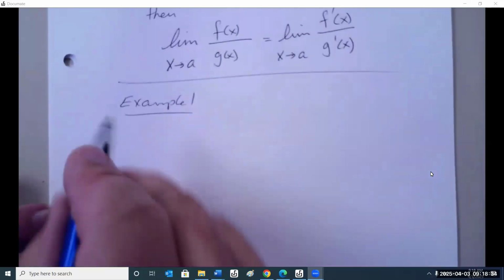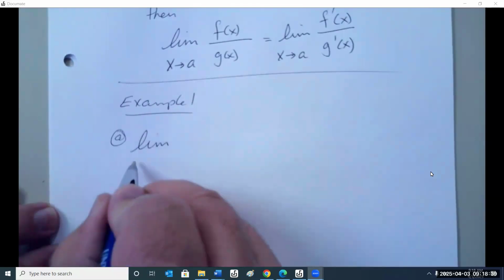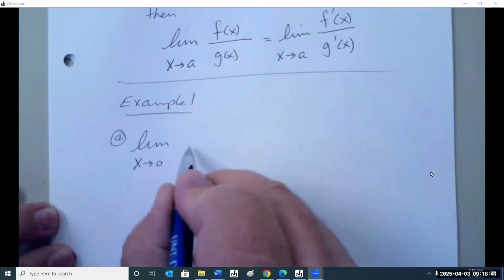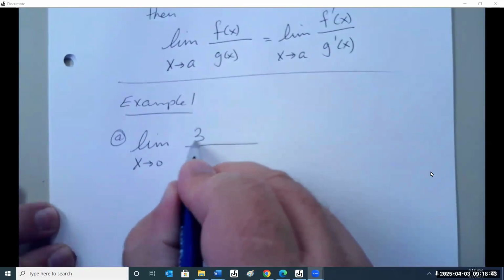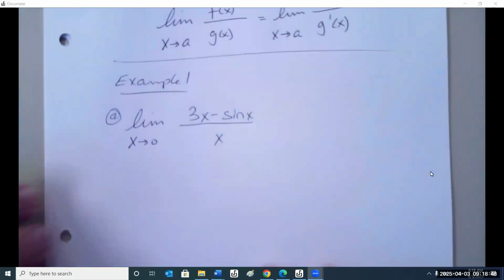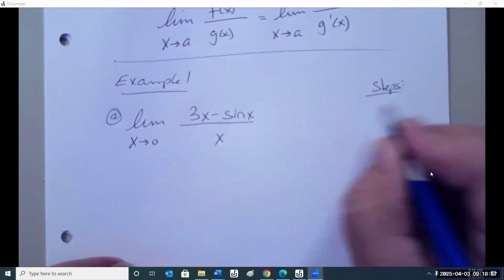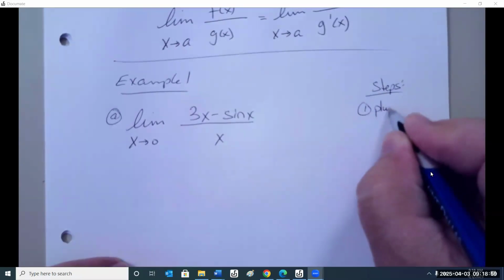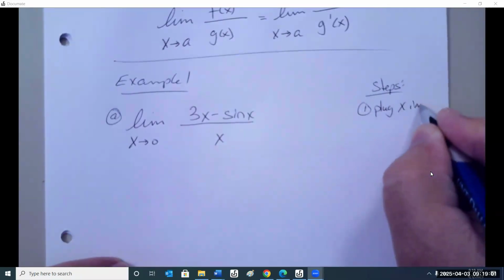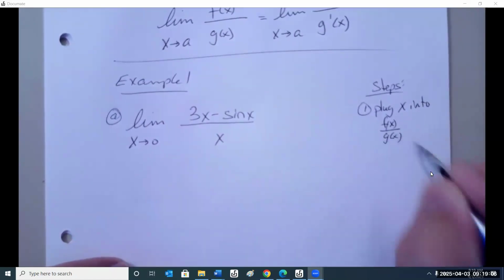Here's an example. The limit as x approaches 0 of 3x minus sine x over x. What's your first step? Yeah, first step, plug x into f of x and g of x.